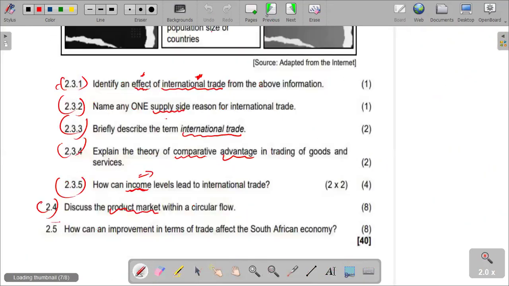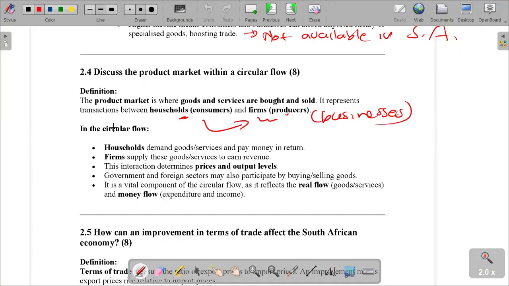So let's go back to the question. It says, discuss the product market. What are the characteristics of a product market in the circular flow? So in the circular flow, households demand goods and services and pay money in return, so they buy from firms.